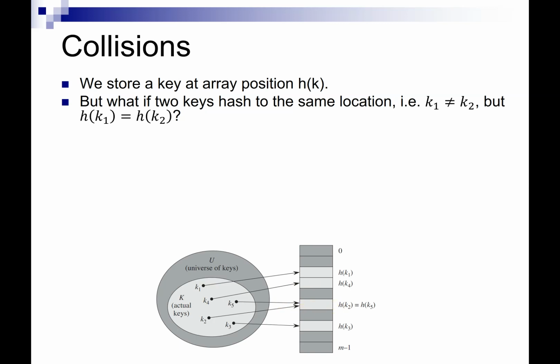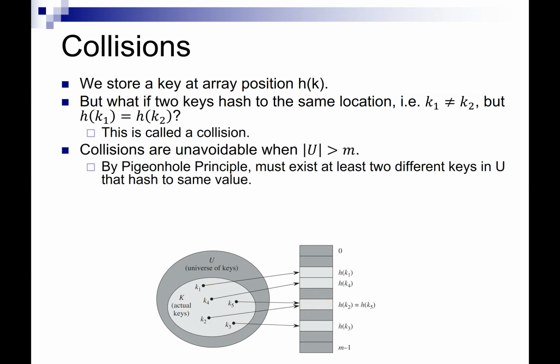The problem is that each of these keys is associated with a different value, and each of these locations can only store one value. So we're trying to store two different values at the same location. This is called a collision, and we need to figure out what to do.